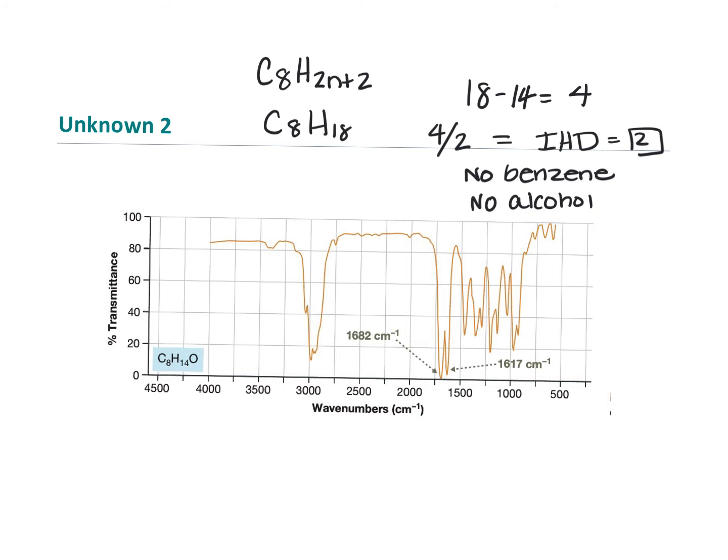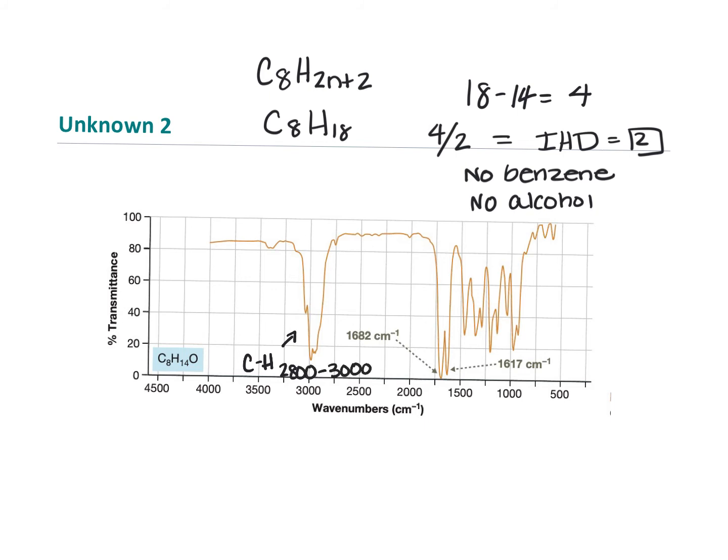Let's look at the absorption bands that we have. Let's start over here. We're going to see that we've got the CH stretch here that's between 2,800 and 3,000, right?